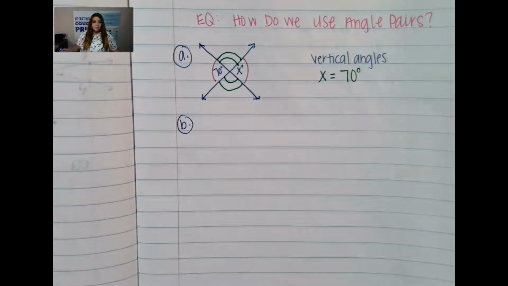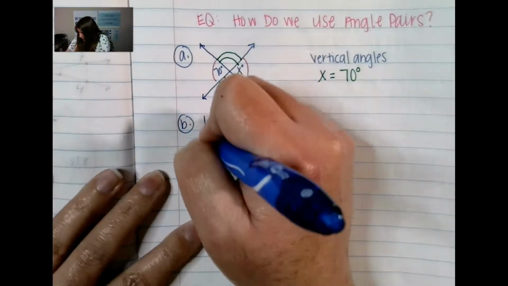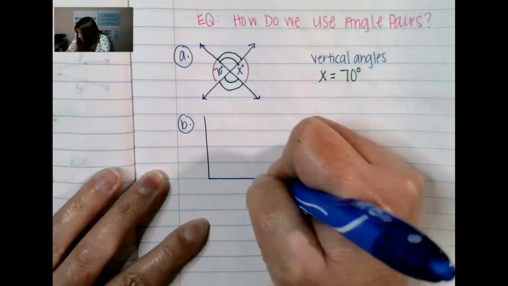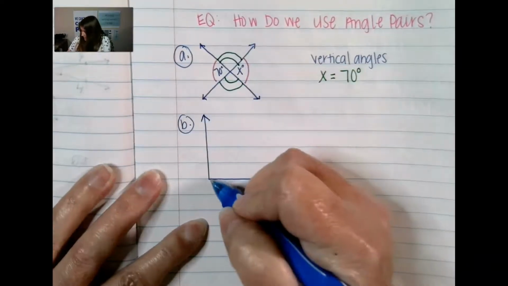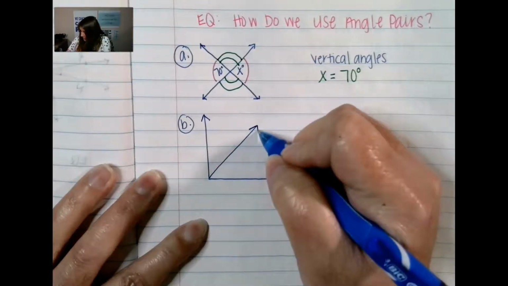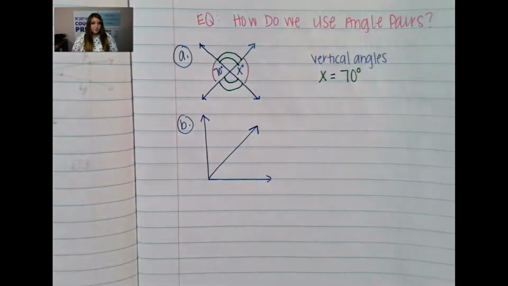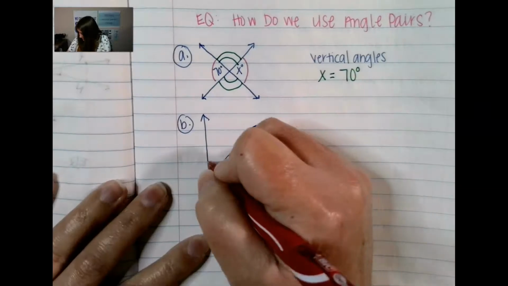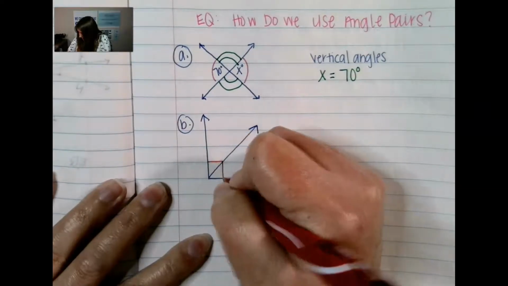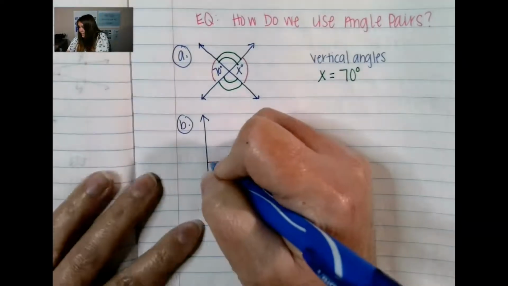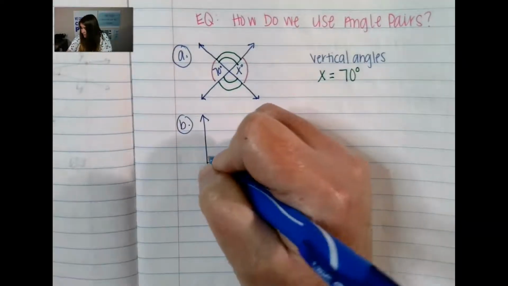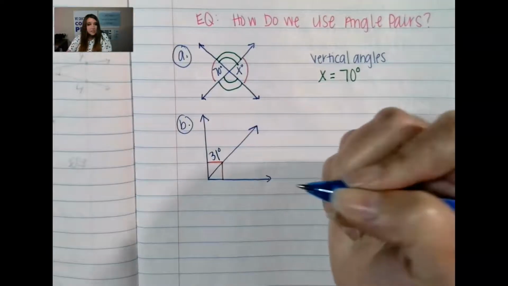Let's look at example B. So example B, we have an angle, and it looks like this, and then it goes out like that. See if I can do this better today. And it looks like that. And then in here it says 31 degrees here.